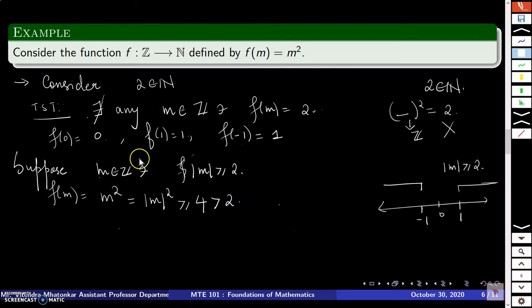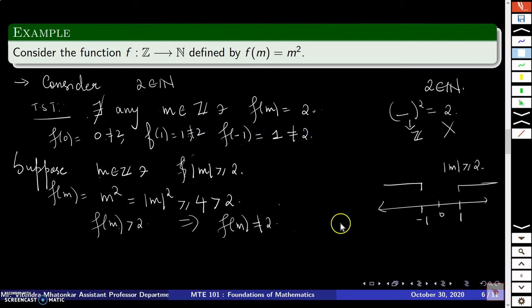So if you pick any integer whose modulus is greater than or equal to 2, that means the integers after 1 and before -1, then the image of those points under the function f will be strictly greater than 2. That means f of m cannot be equal to 2 for all such integers, and f of 0 is not equal to 2, f of 1 is not equal to 2, and f of -1 is also not equal to 2. That means we have verified for all the integers that f of any integer is not equal to 2, right?